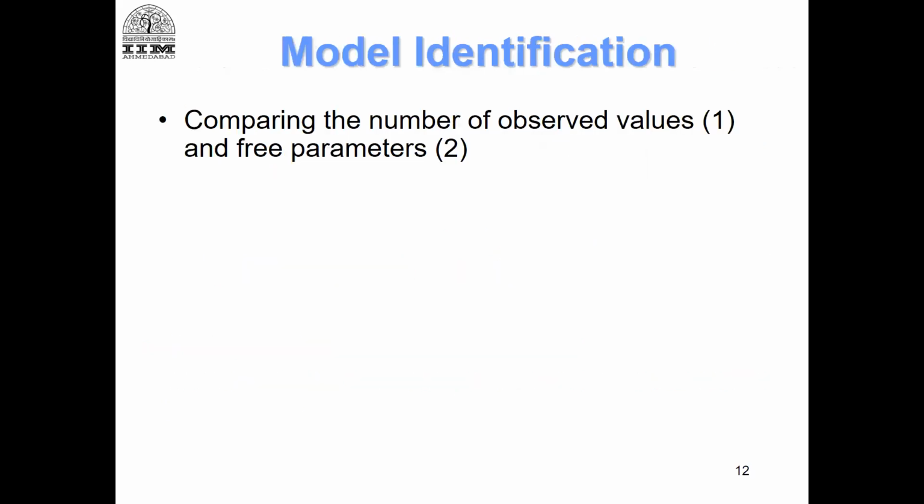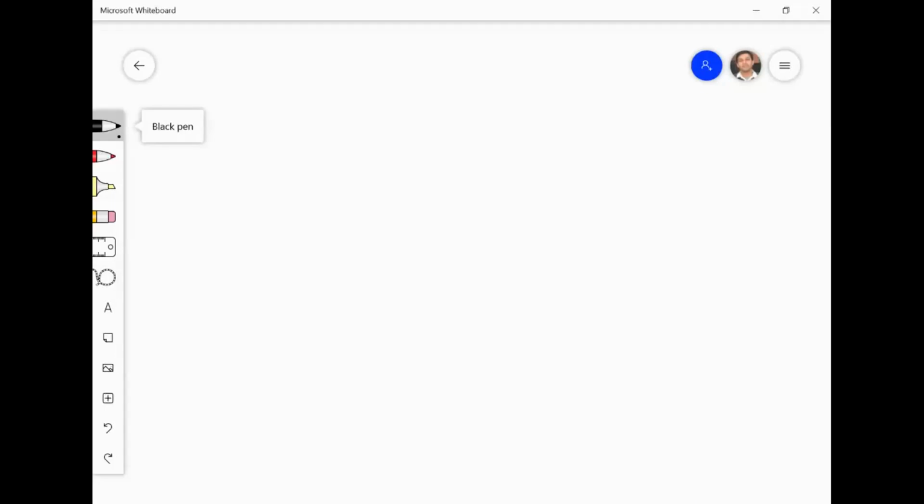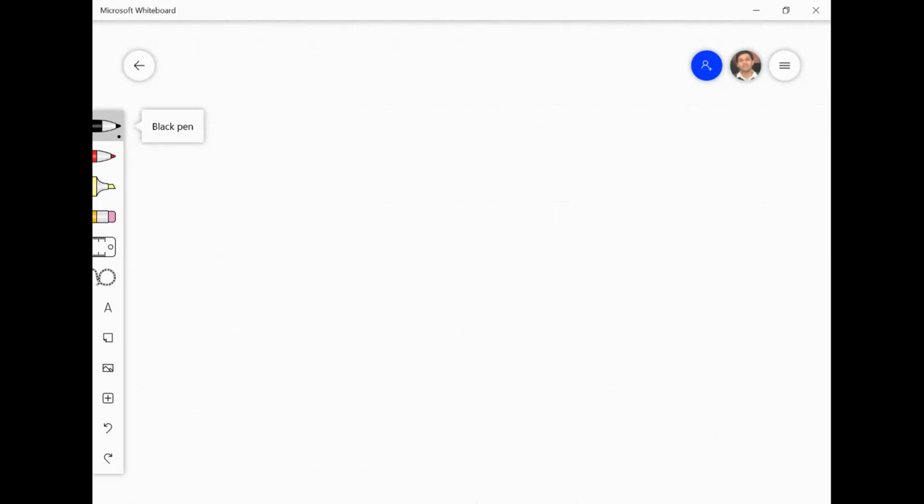Now let us come to the second part, which is the model identification part. This is where we talk about the degrees of freedom of our model. So what is the degree of freedom? Remember, we had said that we are going to test a hypothesis when we will be testing whether our model is good or not.